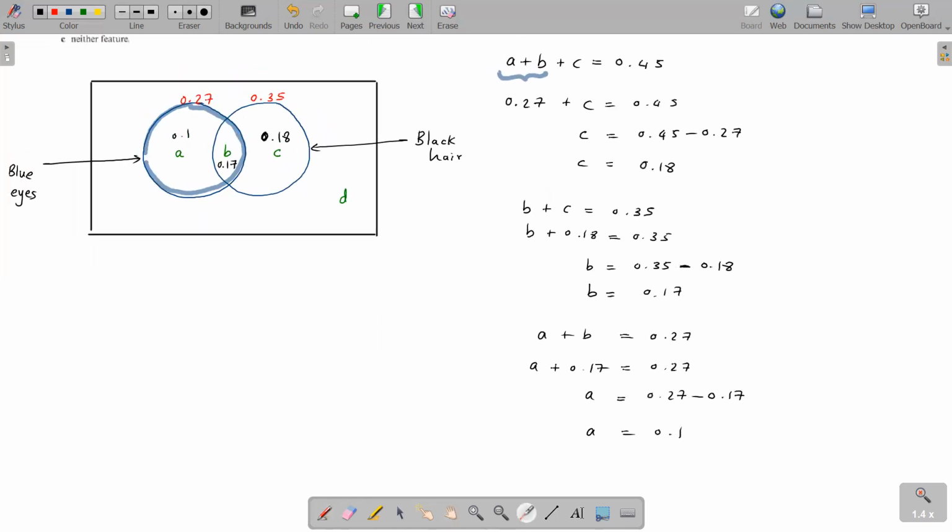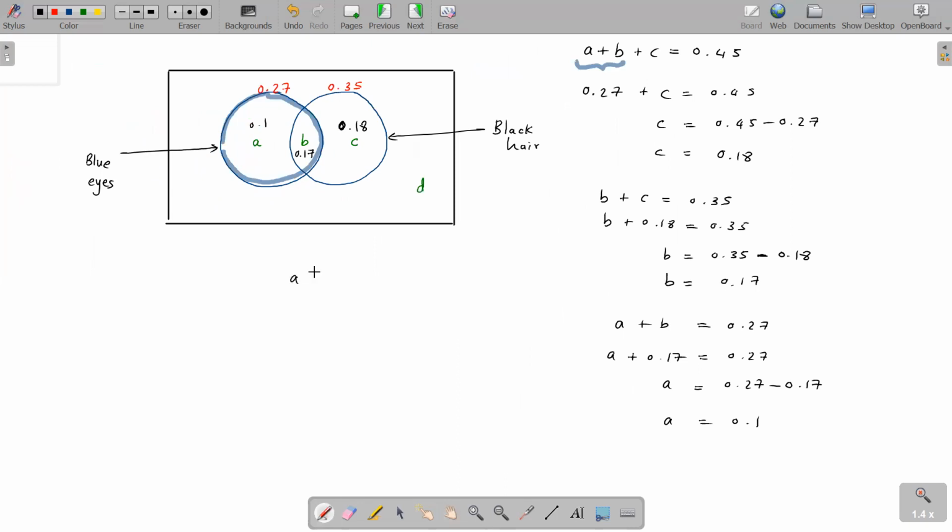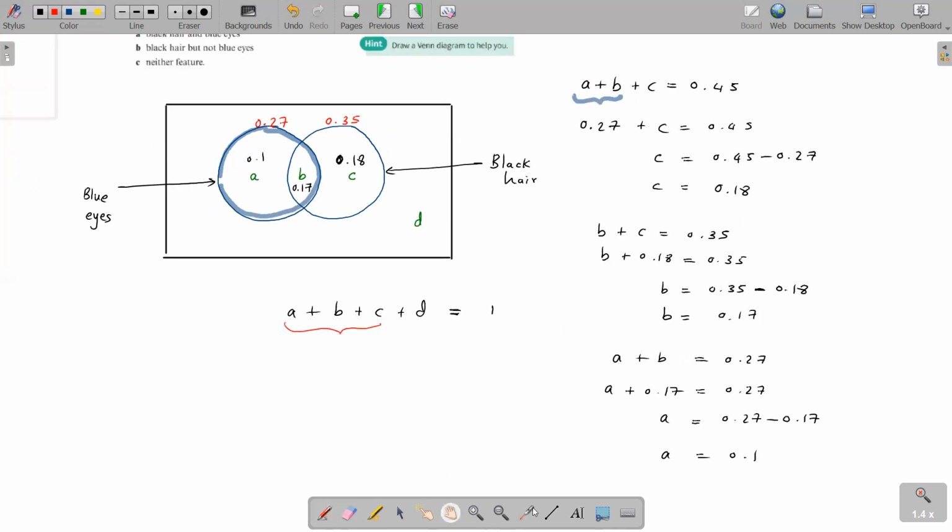So the D value is when you add everything. You know the total probability, when you add A, B, C, D, right? This is the full universal set. When you add everything together, the probability must add up to 1. We also know the direct addition of ABC, because they have told us it is 0.45.